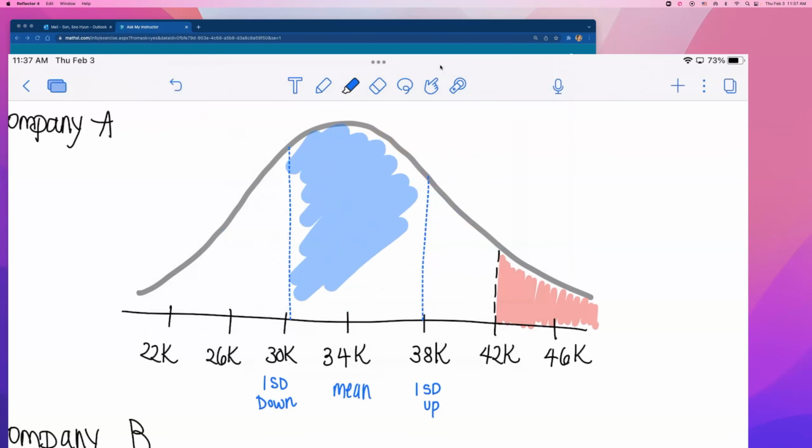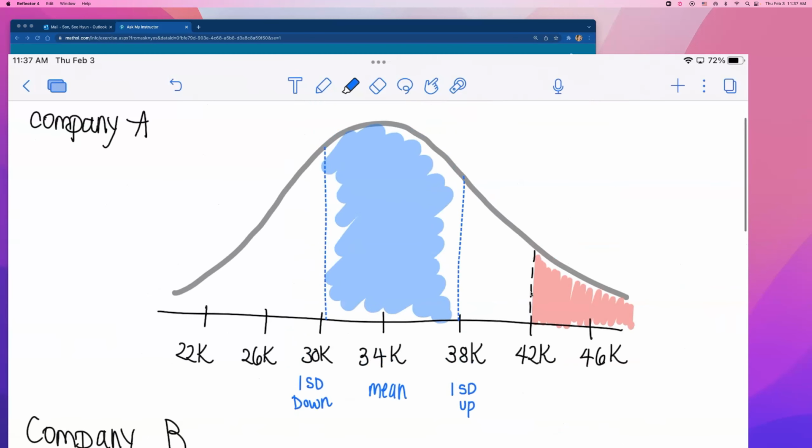It's normal for someone to get a salary offer that's within this blue area. But the red, what we want, is not overlapping with this blue, right? That's much more than what is considered normal at company A. So I'm not likely going to get an offer that's bigger than $42,000 in company A, because about 68% of the people will be in this area, okay?